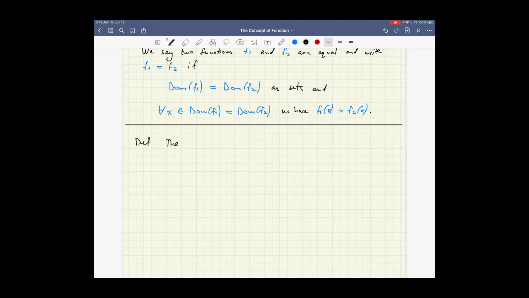The graph of a relation f from the set A to the set B. Specifically this time I require that A and B be number sets. So A and B are subsets of R.